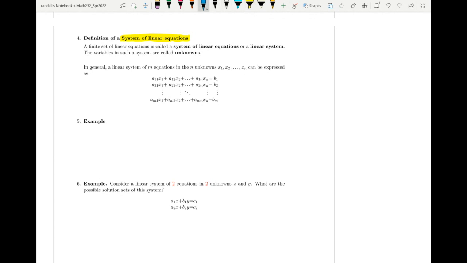What we mean by a system of linear equations is a collection of linear equations, all of them in the same set of unknowns. My unknowns in this description right here will be x1 to xn. So every linear equation I discuss in this system will be an equation in these variables. And now what I have are m of these equations.